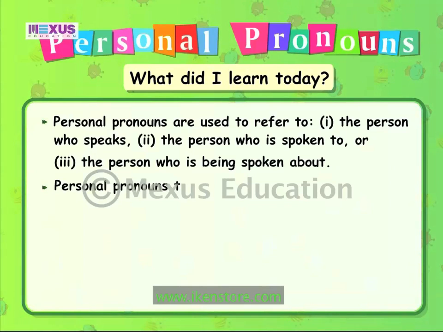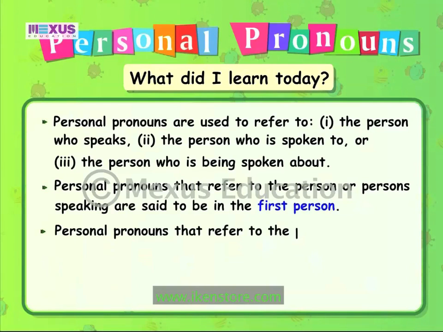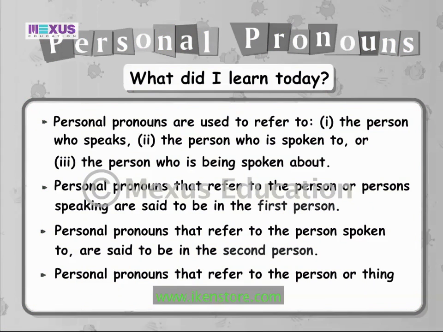Personal pronouns that refer to the person or persons speaking are said to be in the first person. Personal pronouns that refer to the person spoken to are said to be in the second person. Personal pronouns that refer to the person or things spoken about are said to be in the third person.